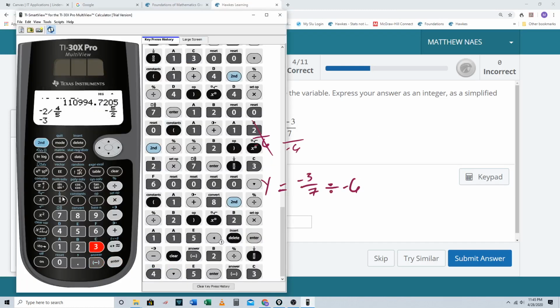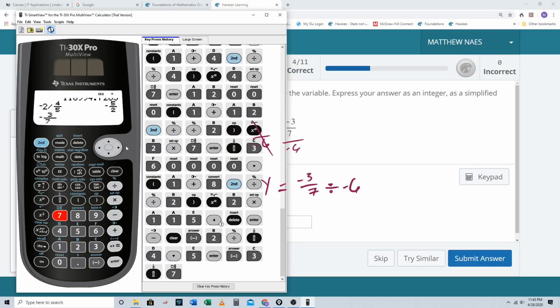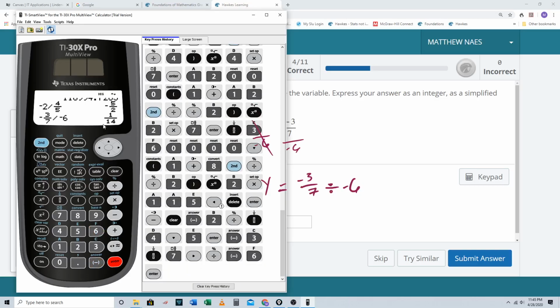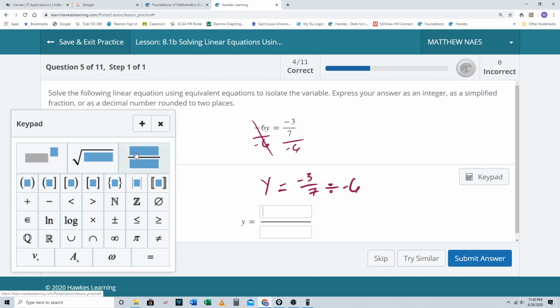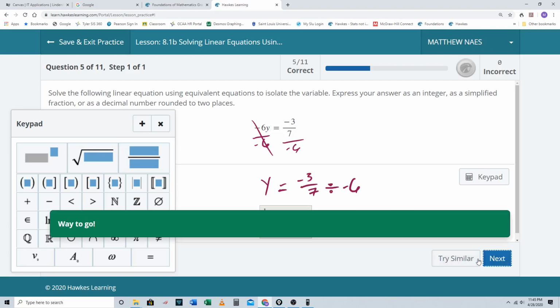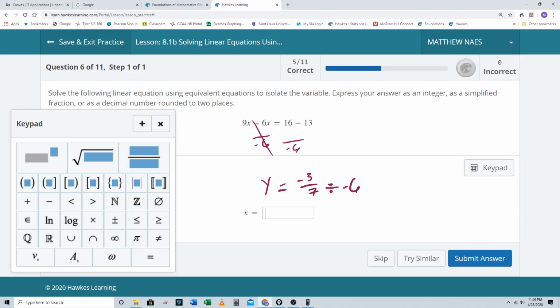Negative 3/7 divided by negative 6. 1/14. Fraction button, 1/14. Done. These are easy. Basically, just divide all the time.